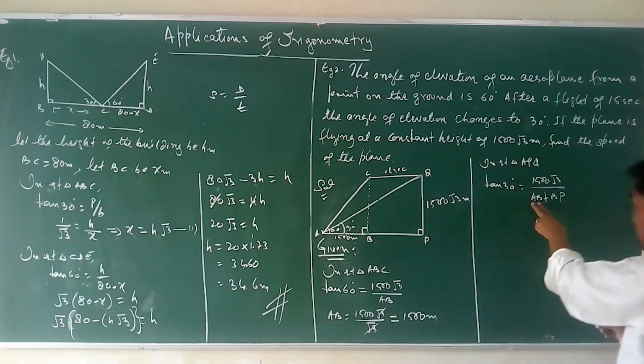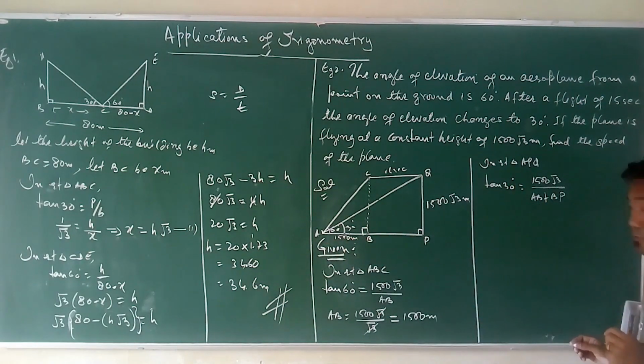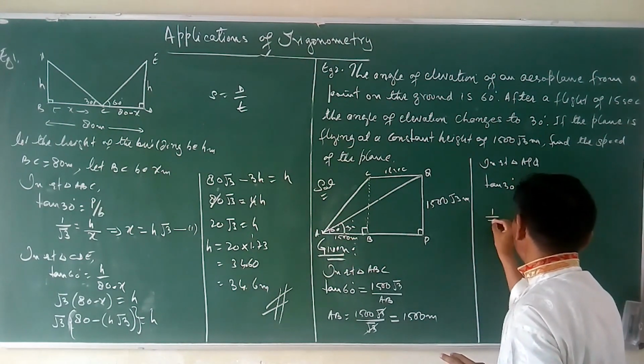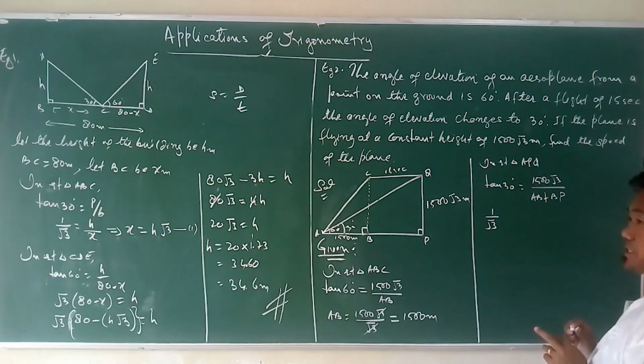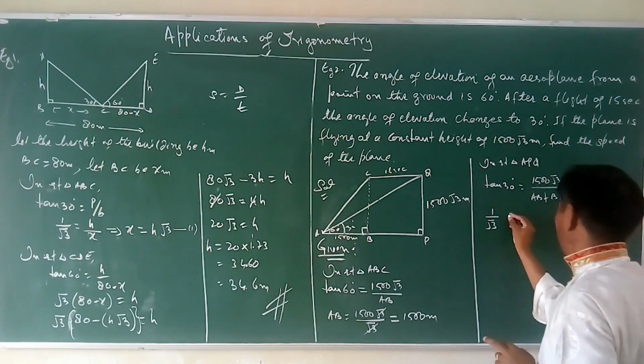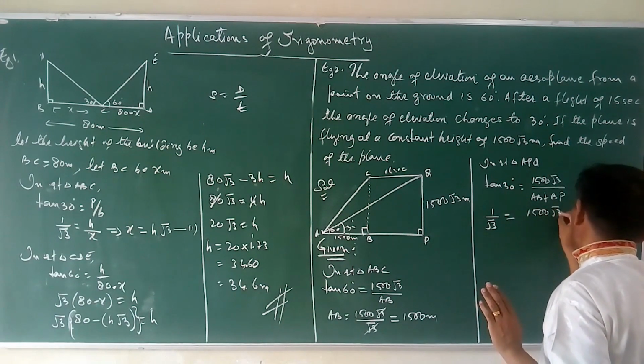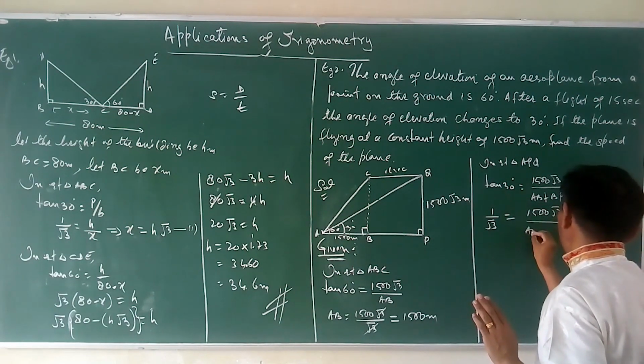We know AB is 1,500, and tan 30 is 1 by root 3.